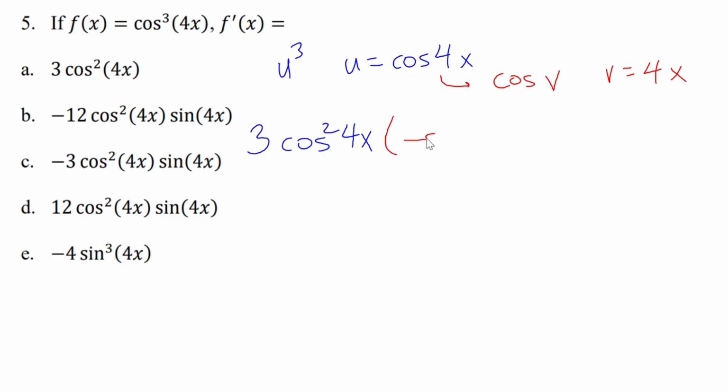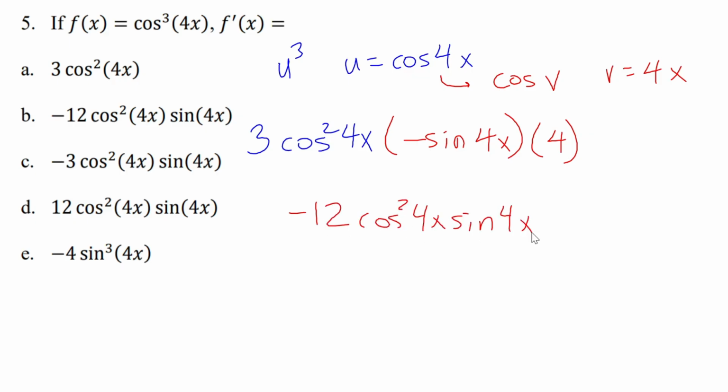So that should be negative sine of v, or negative sine 4x, times the derivative of 4x, which is 4. So we should end up with negative 12 cosine squared 4x sine 4x, right, when we multiply the 4 and the 3 and the -1 all together. So negative 12 cosine squared 4x sine 4x is option B.